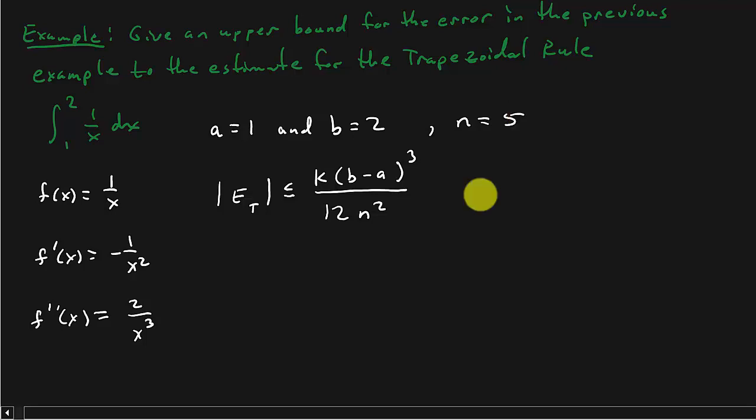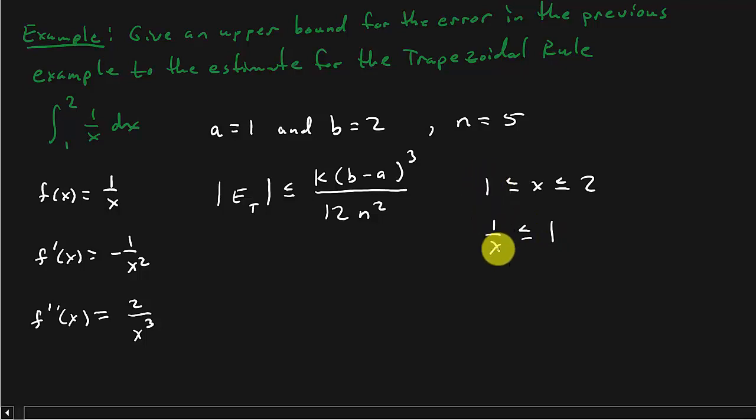We know that x is between 1 and 2, right? We're integrating from 1 to 2. What that also tells us is that 1 over x is less than or equal to 1. How do we know that?